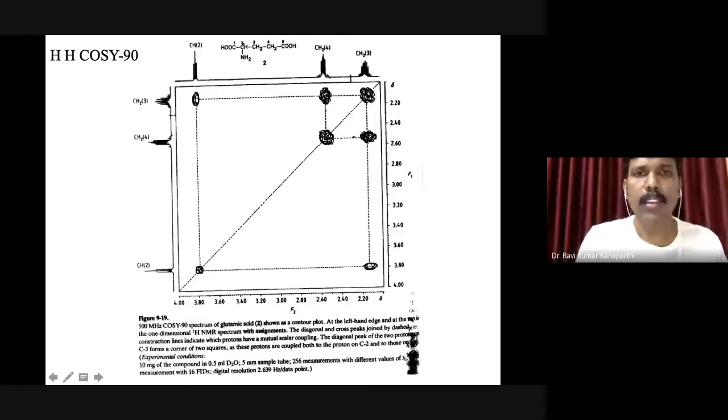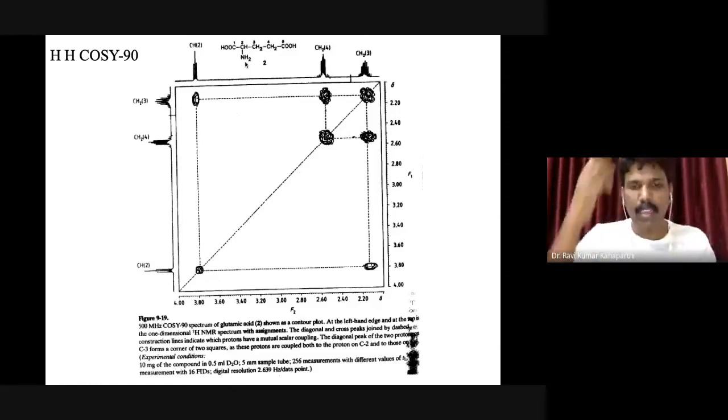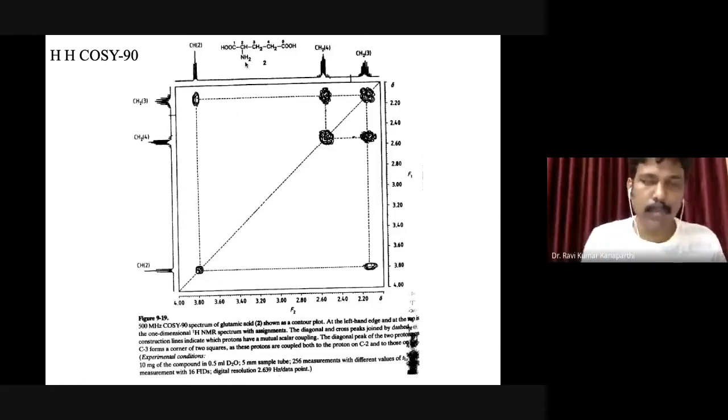Here you can notice the aliphatic protons, these three, and then this is another one. The NH2 protons, as I told you, are labile protons, very difficult to get. It will be a very broad one, and I think they have not taken any precaution to get the primary amine proton. So let us not worry about the labile protons and also these acid protons.